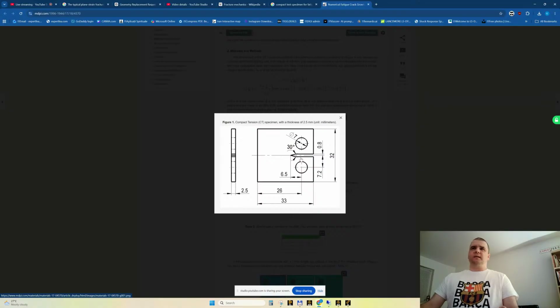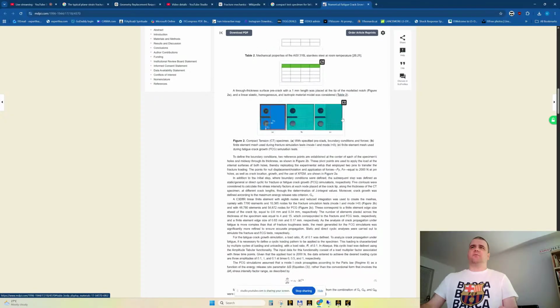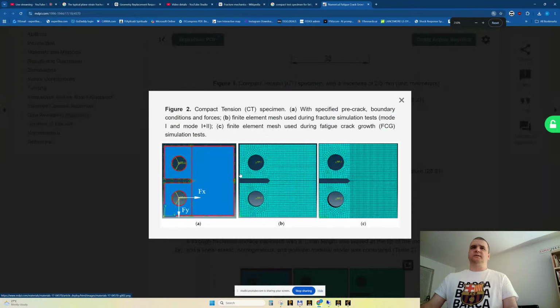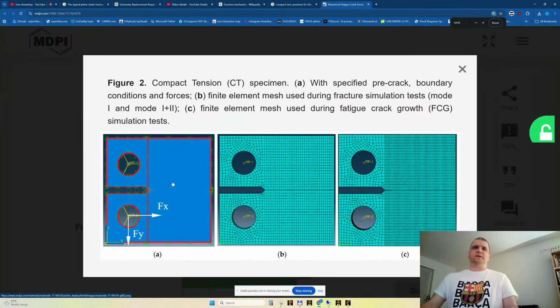We need, in ANSYS, to develop further this notch, and I will show you in a few seconds. Look here, exactly at the, can I zoom in? Yes, exactly here.